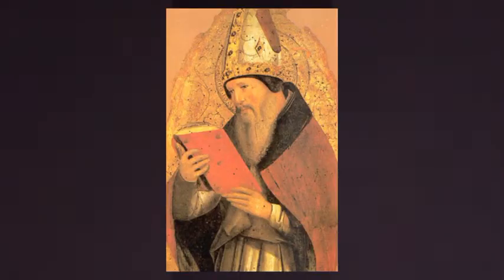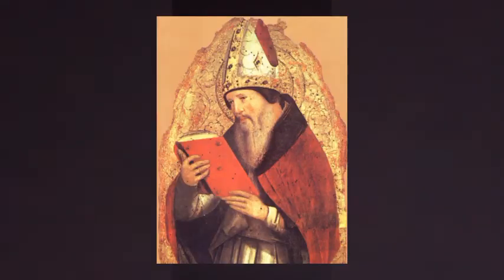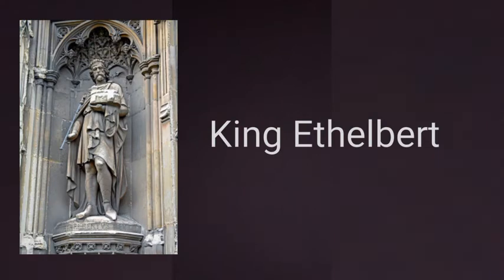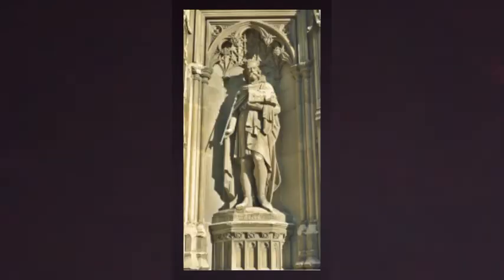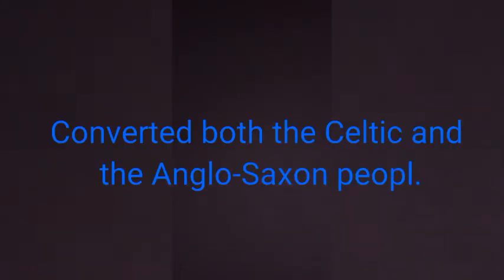St. Augustine came with his mission to convert the Celtic people to the Christian religion, and this time they could even convert the king himself. That king who showed interest in the Christian religion was Ethelbert, King Ethelbert. So the Roman people changed the Celtic people and their pagan religion to Christianity.